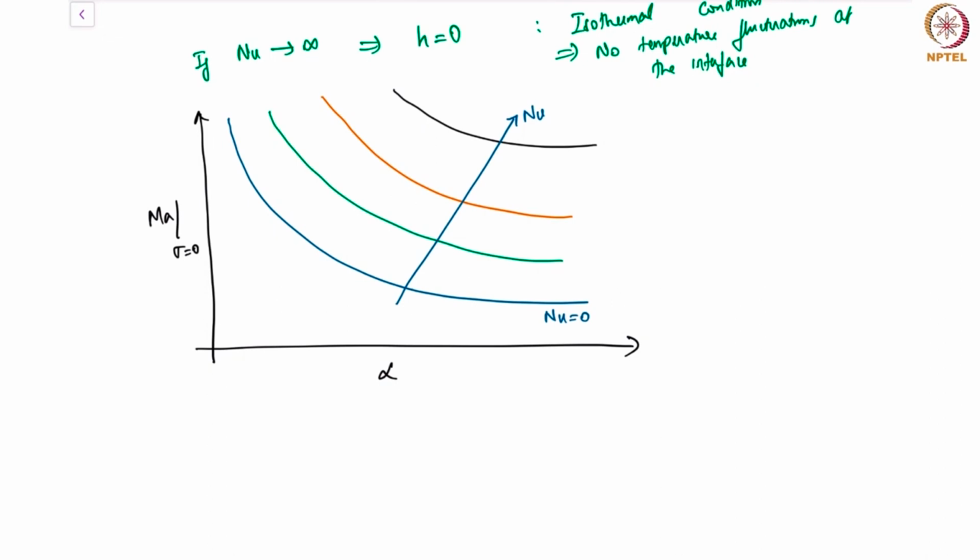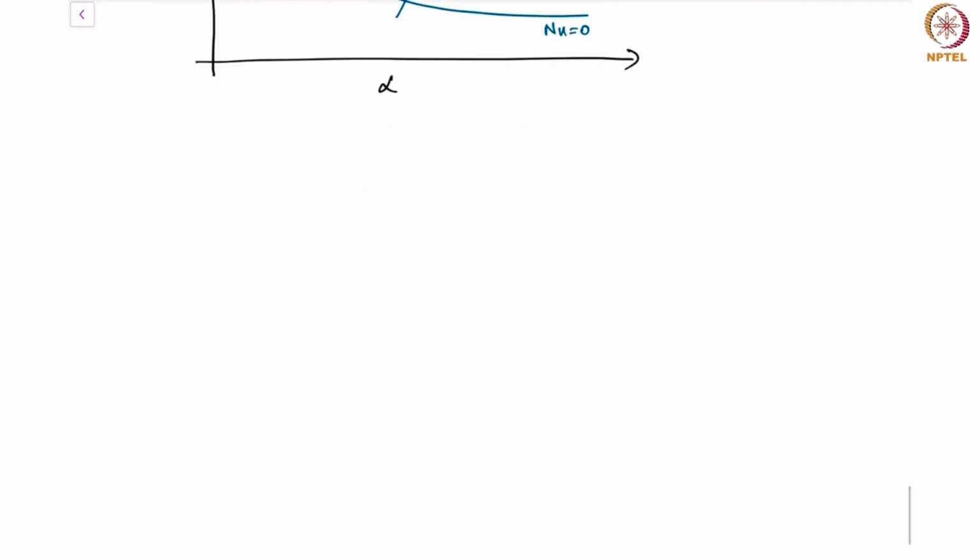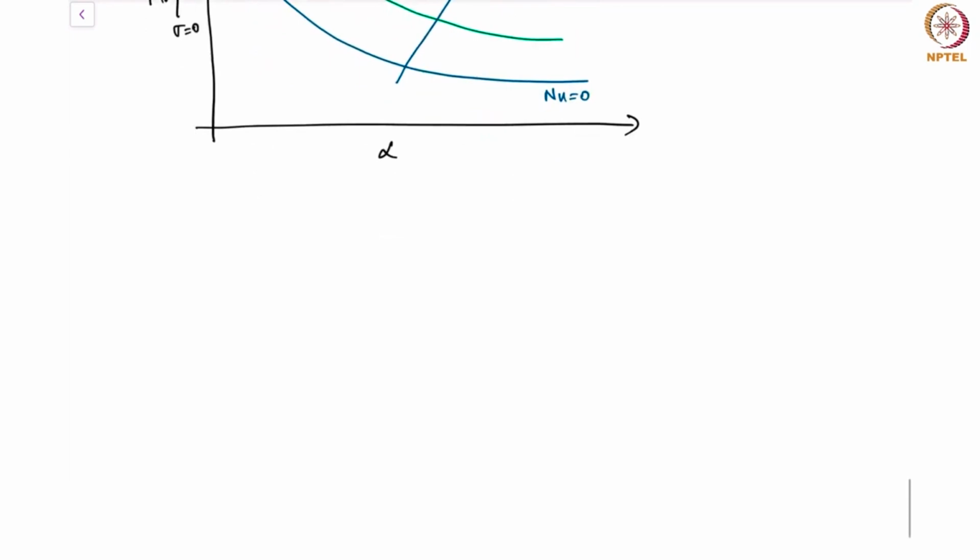Now I will show you two results. One is an experimental result that was reproduced in my lab, and the other is the actual stability chart that we can obtain numerically.